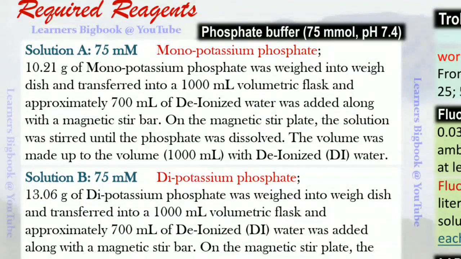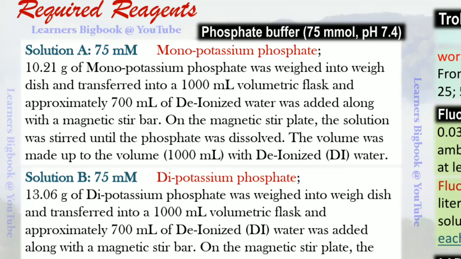Remember, we are going to prepare the phosphate buffer with the help of two potassium phosphates, one mono and the other di. With the help of both, we are going to prepare the phosphate buffer at pH 7.4.